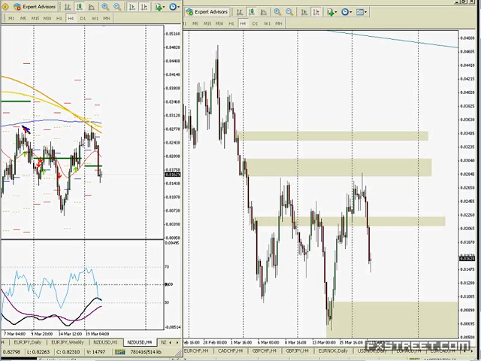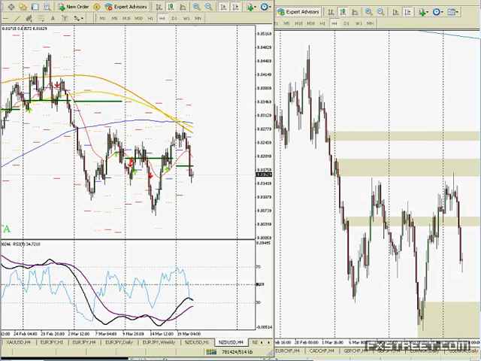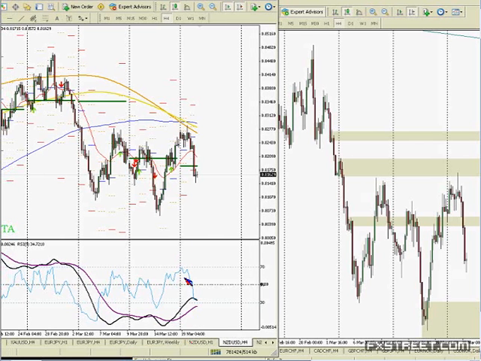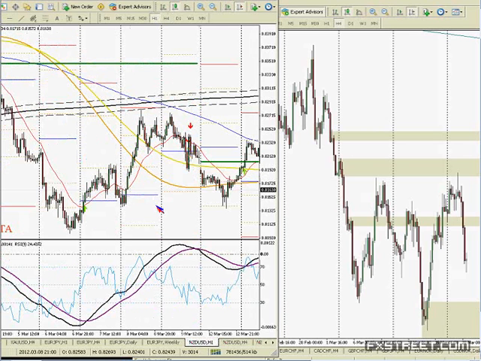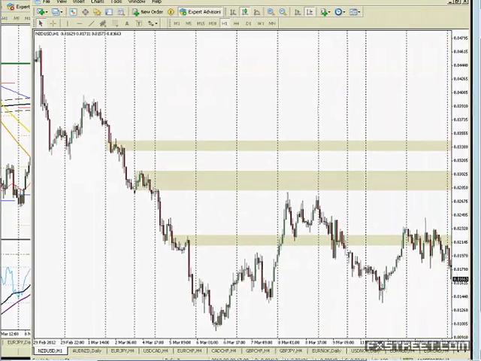I want to see what happens when the price retraces after such an impulsive move. Perhaps I have to go into a deeper timeframe, like the 1-hour, and see what happens here to these levels. This would be this level here.